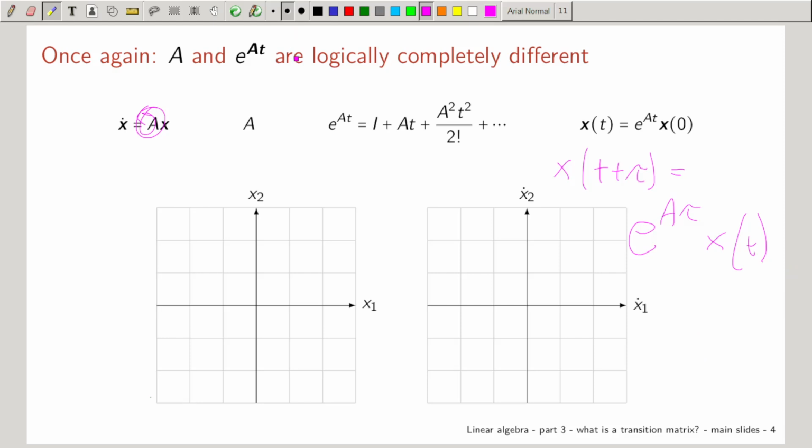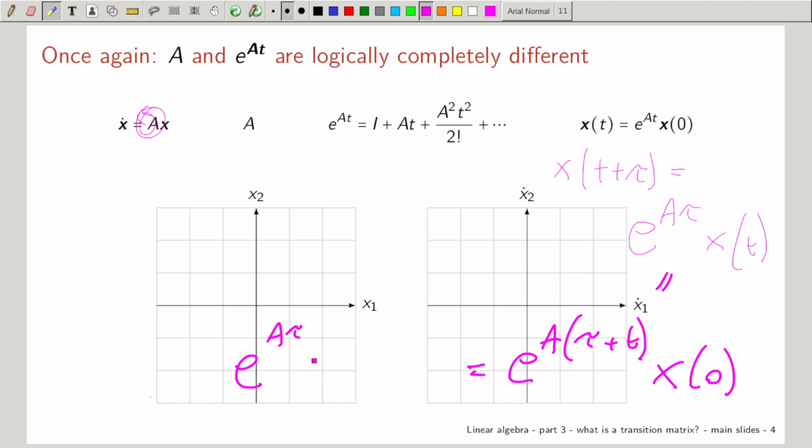I hope that somebody will feel like wanting to buy me a beer after this. It's also going to be equal to e^(A(tau plus t)) x of 0. And this is also going to be e^(A tau) times e^(A t) x of 0.